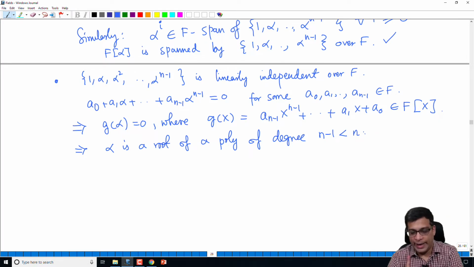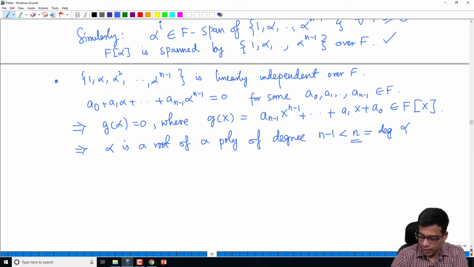Remember, n was the degree of alpha over F. That means n is the degree of the smallest non-zero polynomial. Remember, the irreducible polynomial is supposed to be non-zero. So it is the degree of the smallest non-zero polynomial that has alpha as a root. But here we have produced a polynomial of degree n minus 1, hence smaller than n, yet which has alpha as a root.